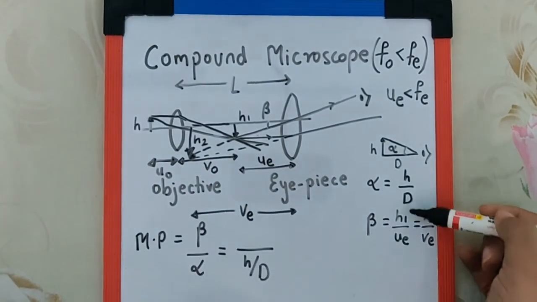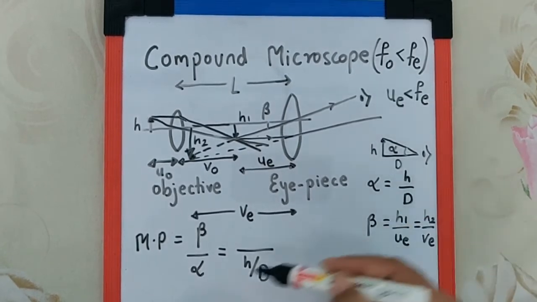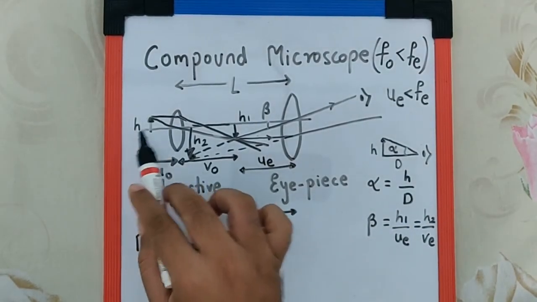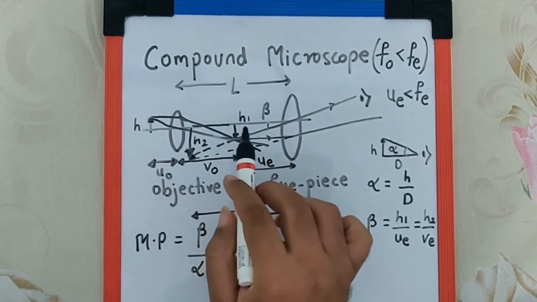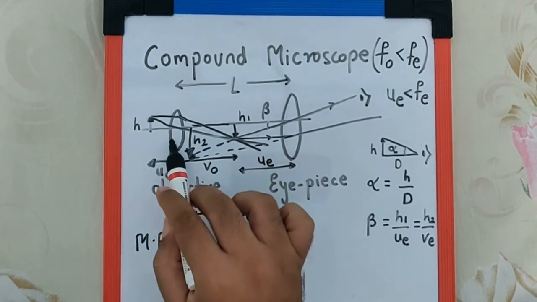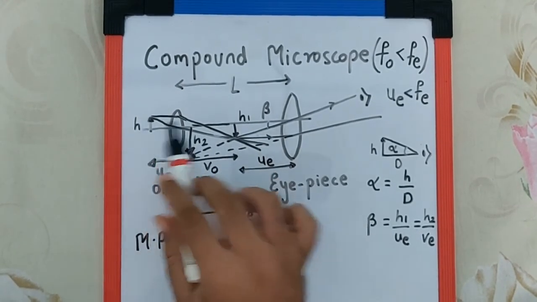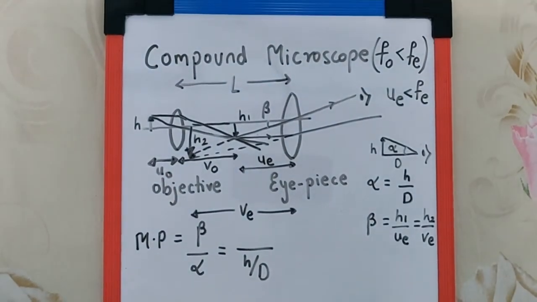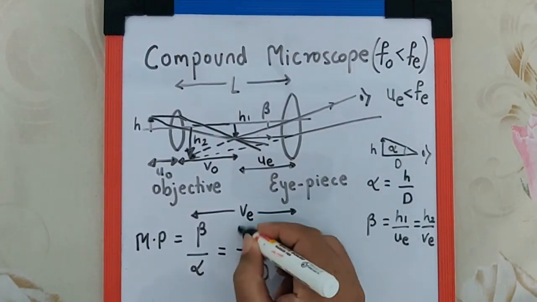But if we take h1 by UE, then h and h1 can have a relation, because h is the object for the objective whereas h1 is the image for the objective. So both of them deal with one lens at a time directly, and therefore we use h1 by UE in the formula.